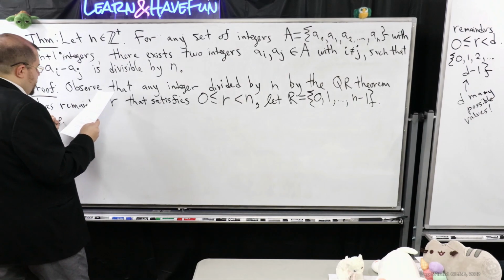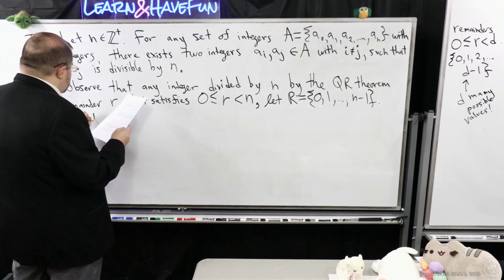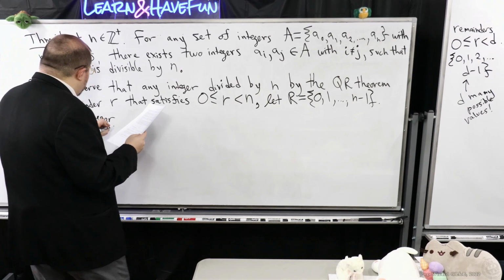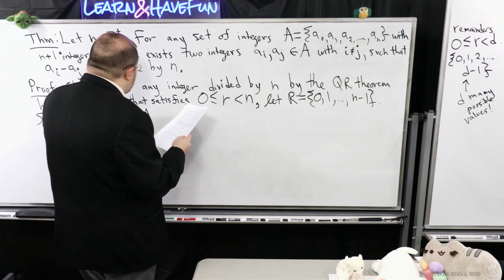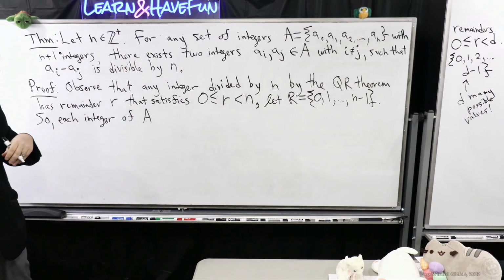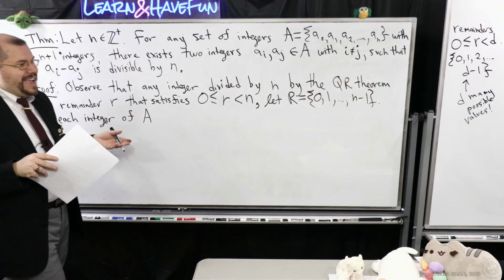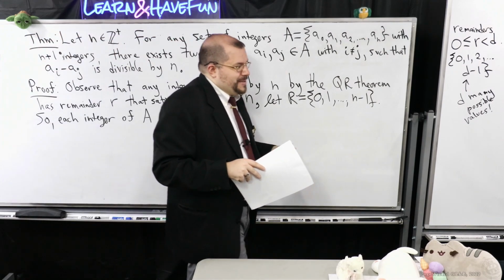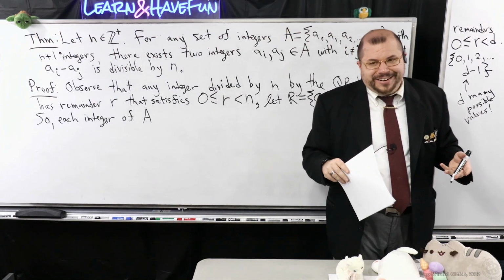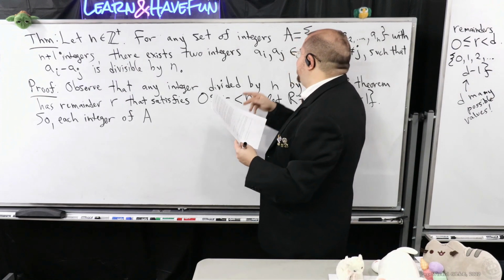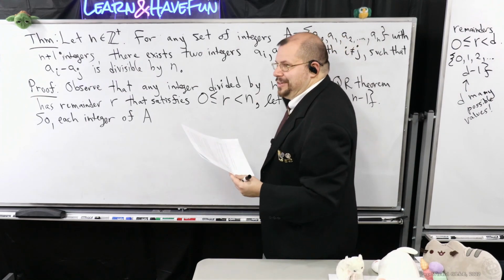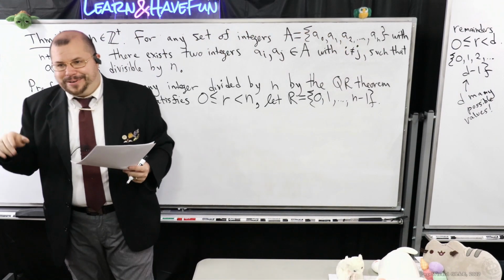So each integer of A. And remember, the statement is about any set of n+1 integers. These could be negative. They could be anything that is an integer. There's nothing saying that this number has to be less than that number. No, these are an arbitrary set of integers. That's the wild part about this.